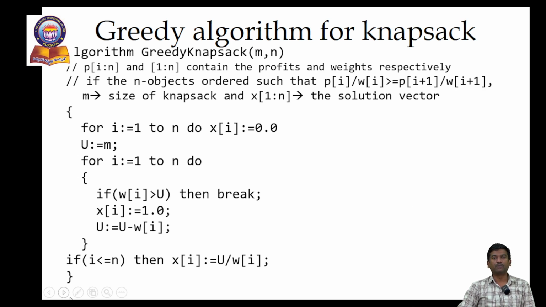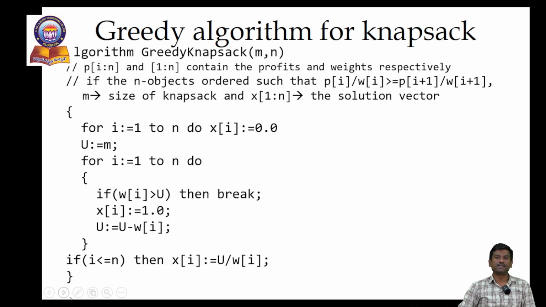And u equal to m, you're storing the knapsack capacity into a temporary variable, that is u. And for the items to be taken, for i equal to 1 to n, do if w of i is greater than u. That is, the weight of the item that you are adding, compared with the value of u, which can be either the knapsack capacity initially or the remaining capacity after adding certain items.